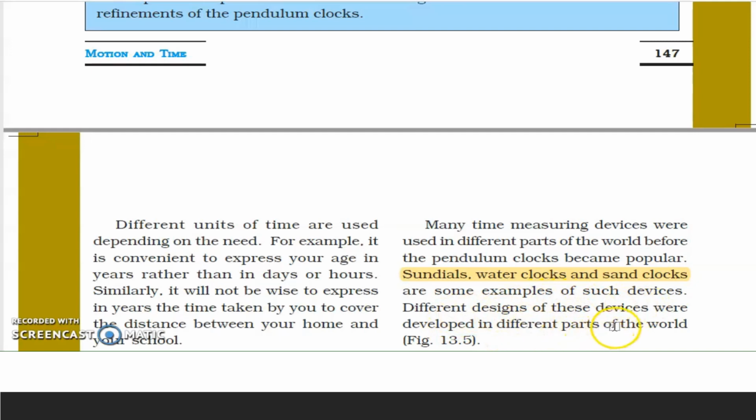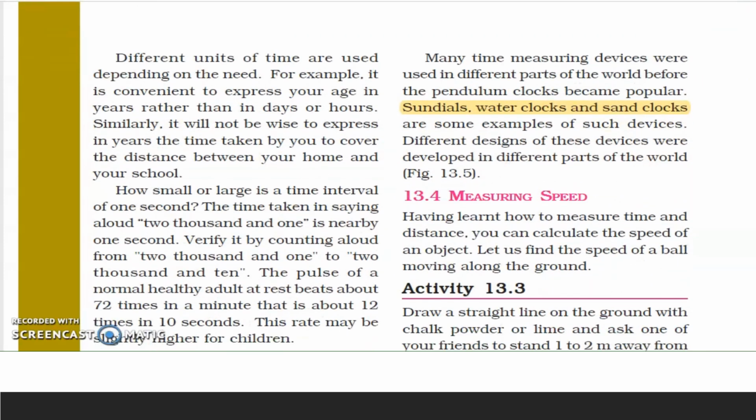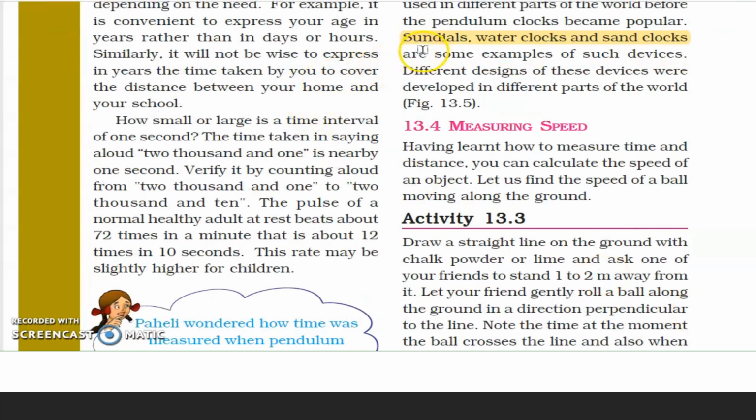Different designs of these devices were developed in different parts of the world. If you visit Jantar Mantar in Delhi, you will get to see a sundial there. So these clocks were used to measure time in ancient times when the pendulum was not discovered.